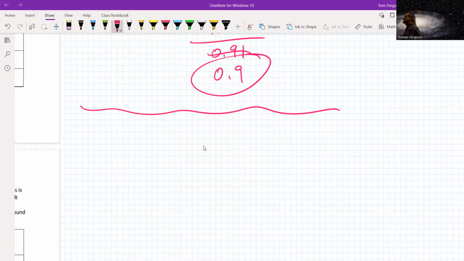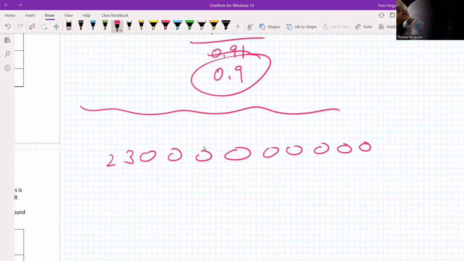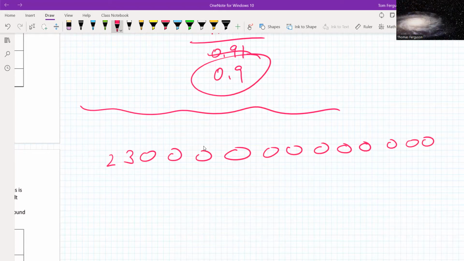Now, we have a situation in science and engineering where we have some really huge numbers and some really tiny numbers, and those tend to be awkward. Let me give you an example of one. So imagine putting that into your calculator.